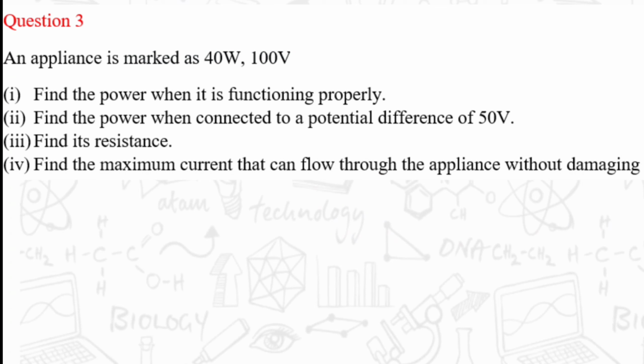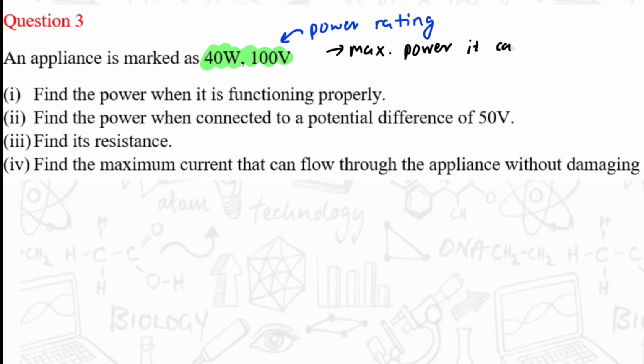Question number 3. An appliance is marked as 40 watts and 100 volts. So this is known as the power rating. And that is the maximum power it can handle safely, or without getting destroyed.